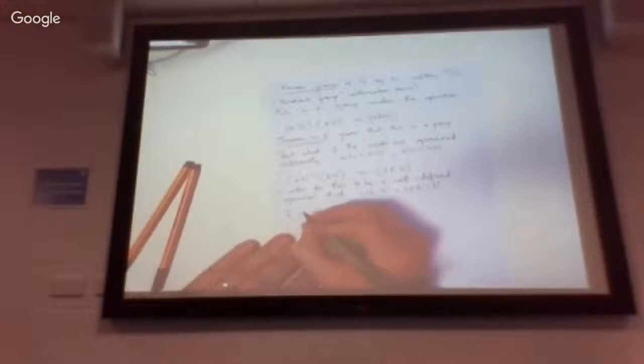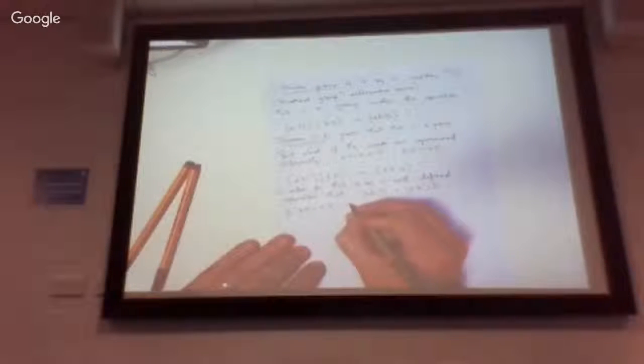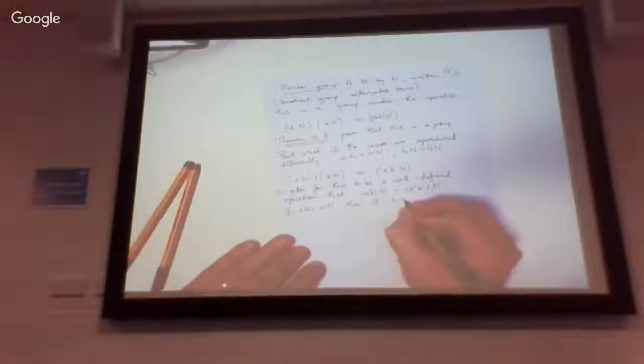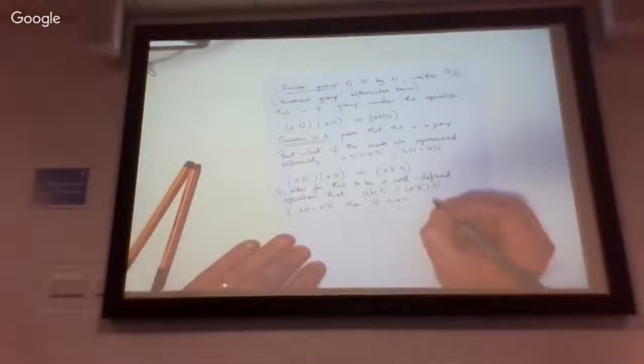So working with the notation that we set up there, if aN is equal to a prime N, then there exists an n1 in N such that a is equal to a prime n1.